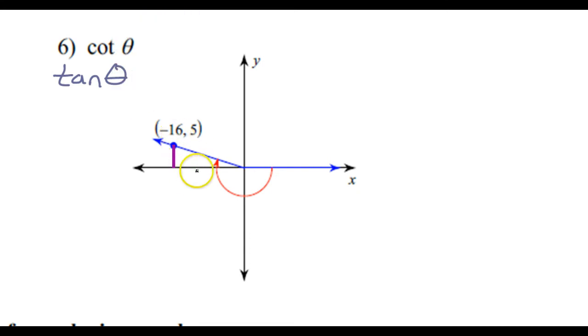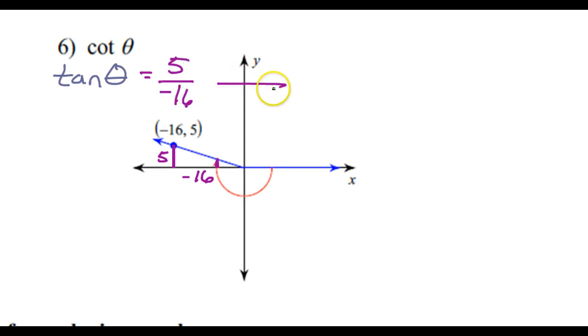Now, negative 16 is the x value, so that's going to go right here. 5 is the y value, so that's going to go right here. Now, we're looking at this reference angle. I started to say let's find the hypotenuse, but we actually don't need it because tangent involves these two numbers that we already have. So guess what? Tangent is going to be opposite over adjacent. So that would be 5 over negative 16.